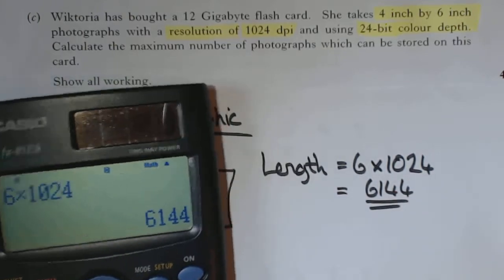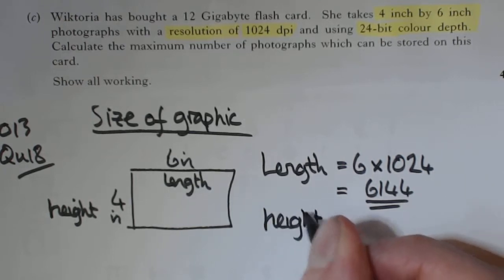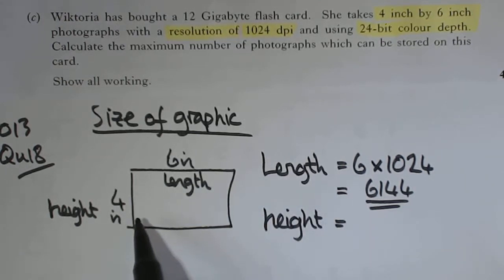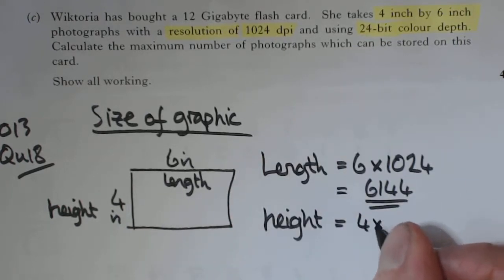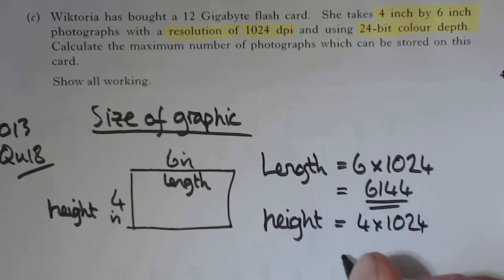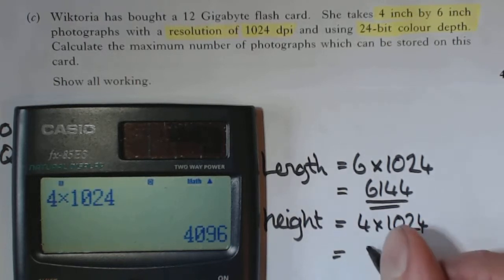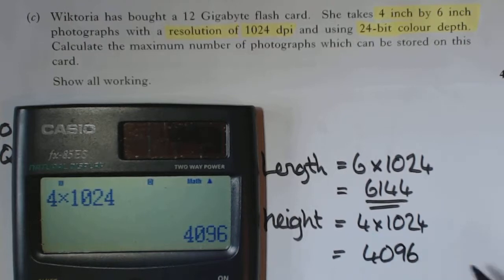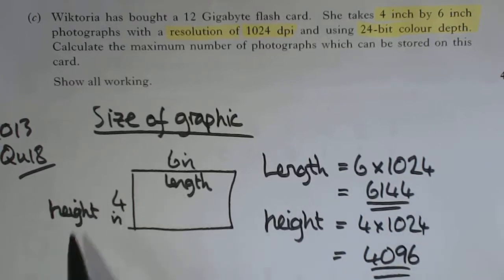Okay, that's the first part done. For the height, we know it's 4 inches at 1024 dots per inch, so it's 4 times 1024, which gives you 4096. So the length is 6144 pixels and the height is 4096 pixels.